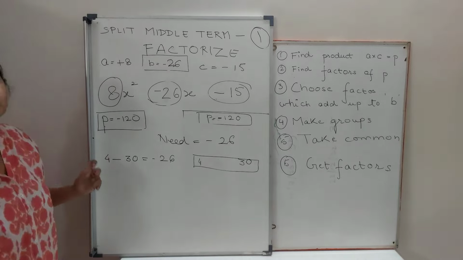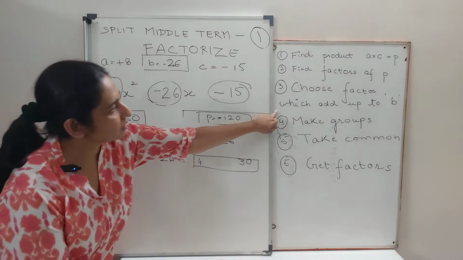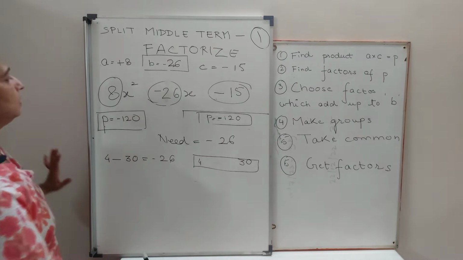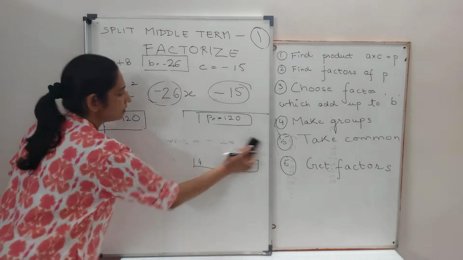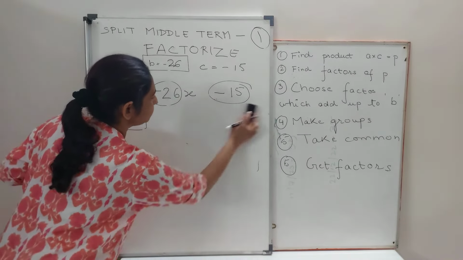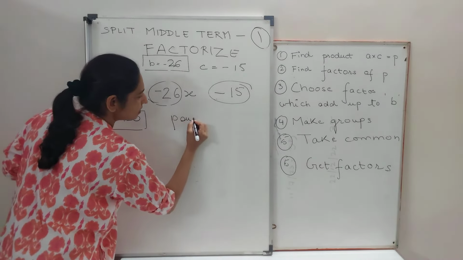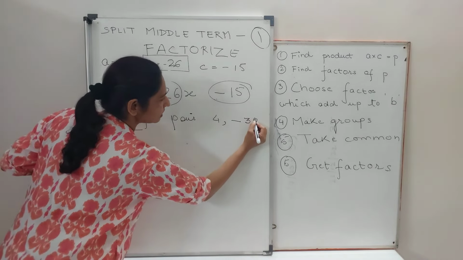So this is what is of importance. If you finish the third step, choose the correct pair. Okay, so we have chosen the correct pair, 4 and minus 30. So the second step was done. Now the pair is 4 and minus 30. We just found it.